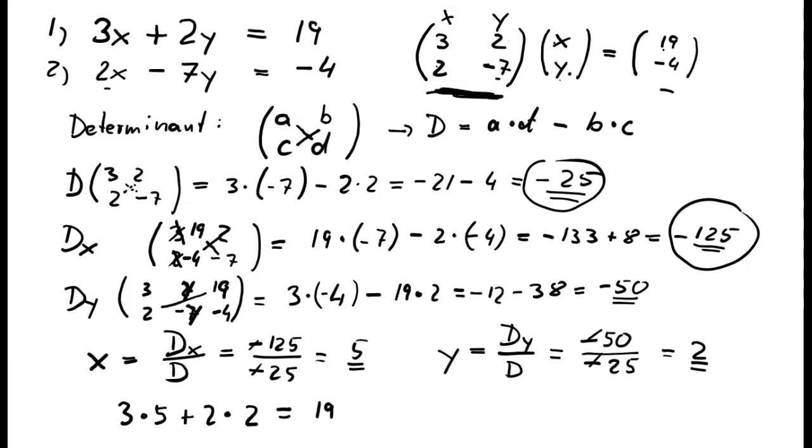And we should get 19 here as well. We could do that for equation number 2 as well, but it's pretty likely that we got the right value. So this is how you can solve two simultaneous equations with what is known as the matrix method. I hope this makes sense, and thank you very much for watching.